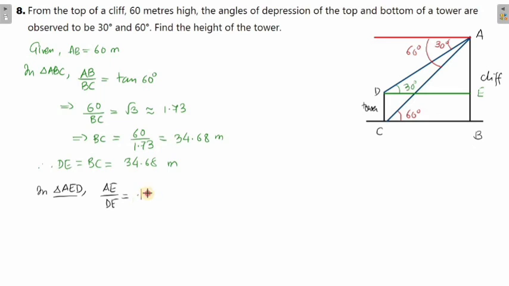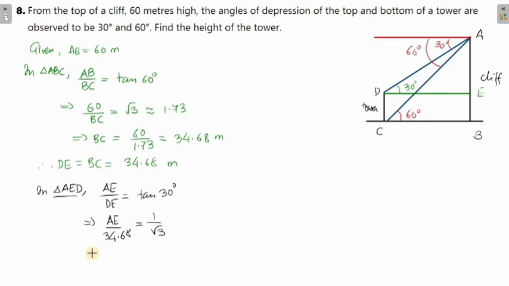Perpendicular by base is also tan theta, and in this case theta is given to be 30 degrees. DE we just got to be 34.68, and tan 30 degrees is 1 by root 3.